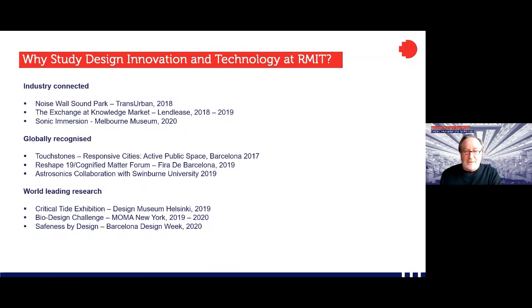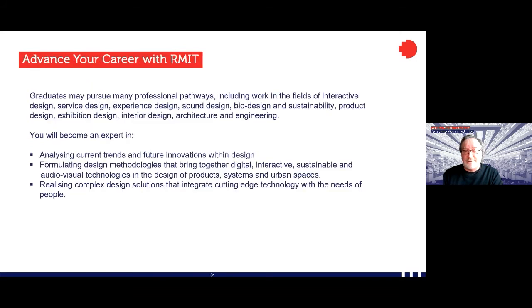That exhibition is coming to Melbourne as part of the Triennale at the end of this year and early next year. As we said, Oliver Kostafis has been working with the Biodesign Challenge in MoMA, New York, and we have a team that's working on a large-scale project on safeness by design, and that's going to be part of the Barcelona virtual Design Week in November 2020.